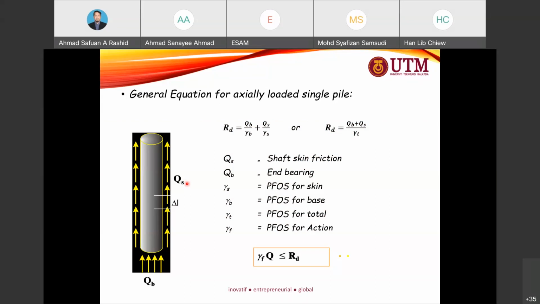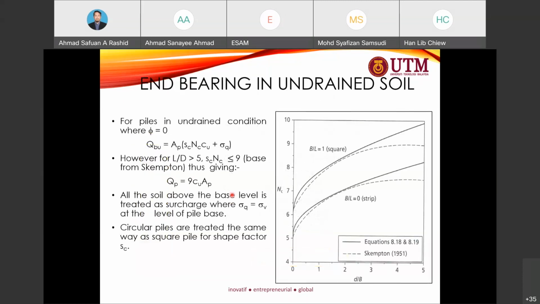Then a comparison should be made between the RD and the Q value. The procedure is almost similar to the shallow foundations, the same procedure.